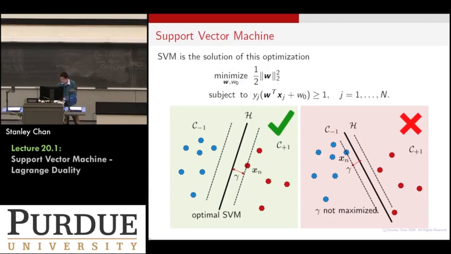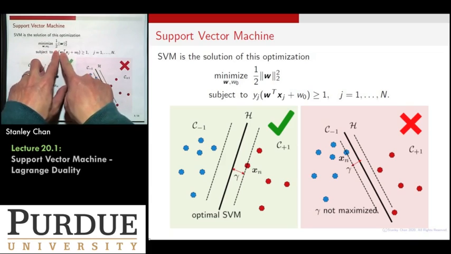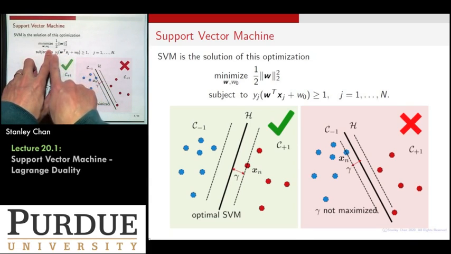Okay, so to start with, let me remind you what is a support vector machine problem. Now, I don't want to go back to the beginning of support vector machine by defining the margin, that kind of thing. I would just call like the textbooks. This is the support vector machine problem. We're trying to minimize the magnitude of this W, subject to the constraint that all these training samples, they are correctly classified. Okay? Now, just remember that the meaning of this constraint is that this is the predicted label, and then this is the true label, and then the multiplication of the two has to be positive.